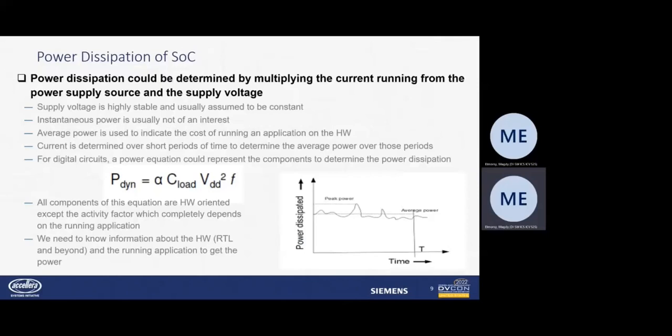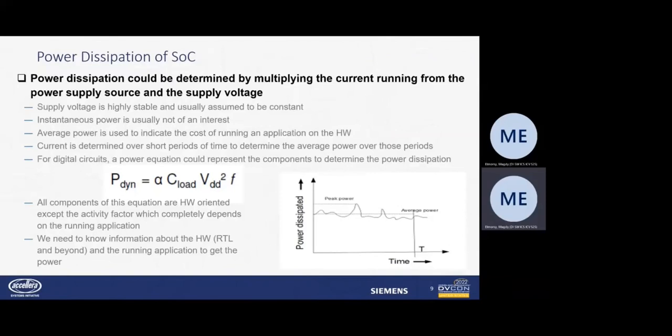The problem with the dynamic power equation is that it depends on the hardware, as we said, and it also depends linearly on the activity, which means the application and how much the capacitances are switching. This could only be determined by determining the switching and activity of the software running on your hardware.